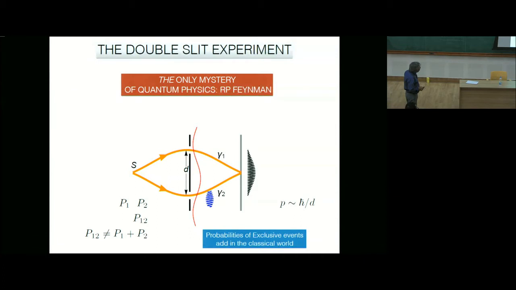So you can imagine that when the electron is going along this path, it will scatter off the ambient blackbody radiation. And if there is enough momentum in the photons, it will destroy the interference pattern. So the red photons will not do very much because the wavelength is too large and the momentum is too little. But the blue photons have enough momentum to kick some electron which would have landed in a bright fringe into a dark fringe. So you get a washing out of the interference pattern. Physical argument.